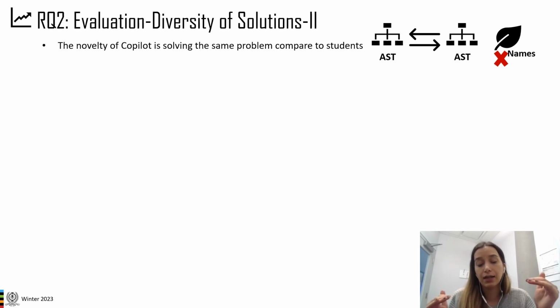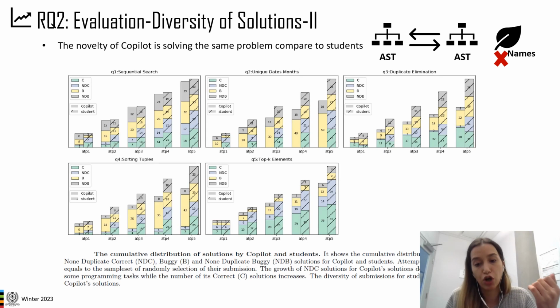We dropped the leaves of the tree, meaning all those attributes that were assigned to the node names by the Python compiler. By removing the variable names, function names and comments, we were able to compare the exact syntax of the codes and detect the real duplicates.